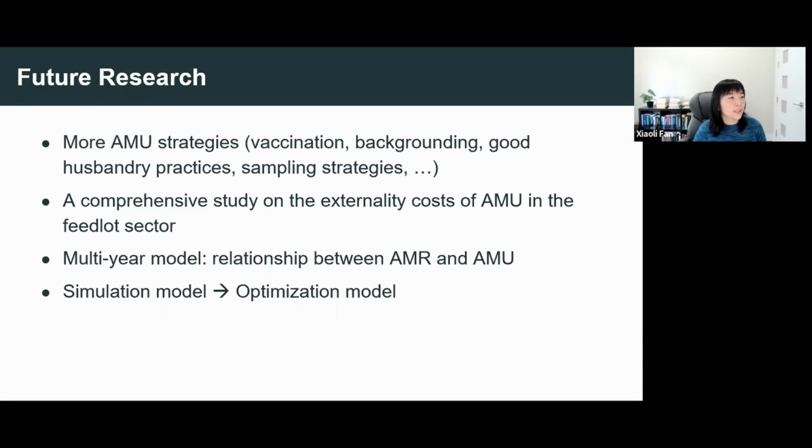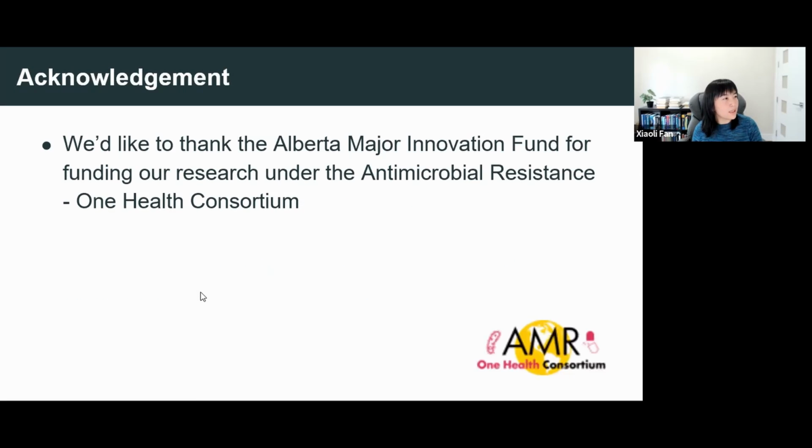Or we can extend our model to a multiple year model, or maybe we can develop an optimization model. I think there are quite different ways of extending the model we have now. So with that, I'd like to thank the Alberta Major Innovation Fund for funding our research, and I'm happy to answer your questions.